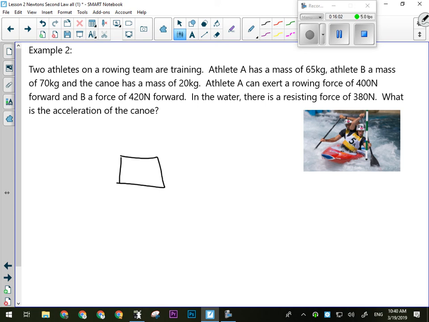All right, so we have to include all of them. So we got 85 and 70 is 155 kilograms, right? All right, so 155 kilograms is the total mass being accelerated by the rowing forces. Okay, so we've got two rowing forces that are forwards. Okay, one that is 400 newtons and one that is 420 newtons, sorry.